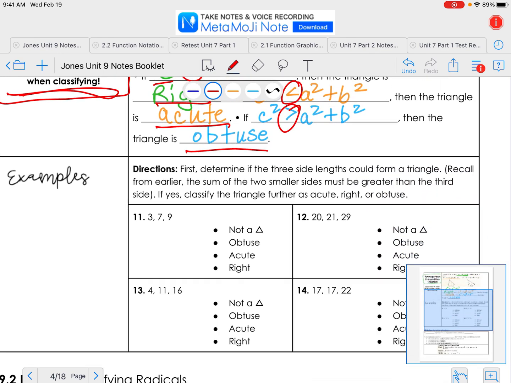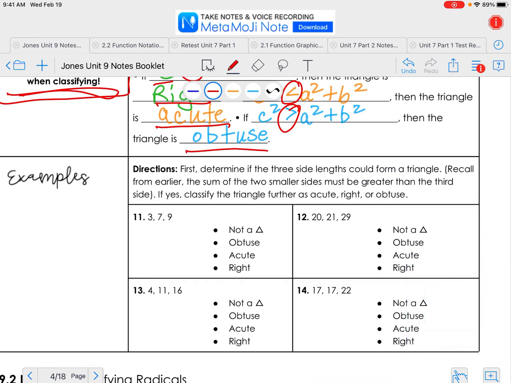So first we need to decide, can these 3 side lengths form a triangle? Not sure we remember this, but the sum of the 2 smaller sides must be greater than the third side. If you add the 2 smaller sides together, it must be greater than the third. So yes, it's a triangle.